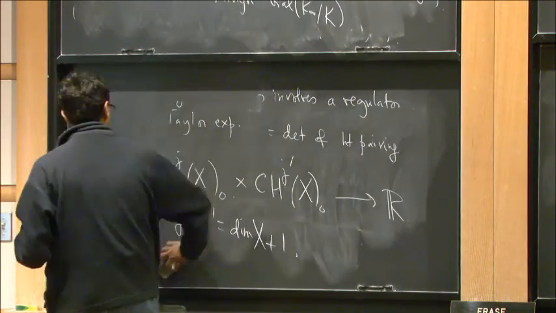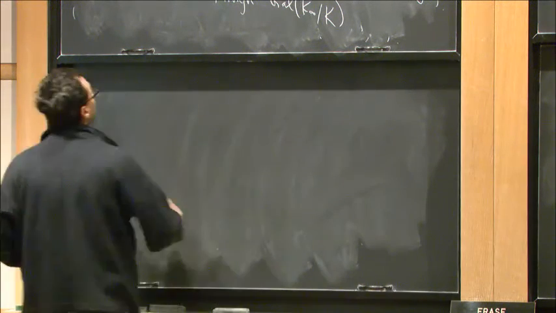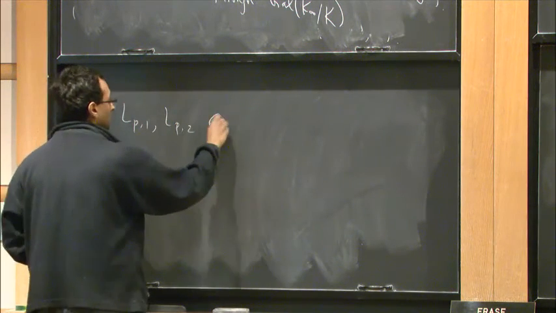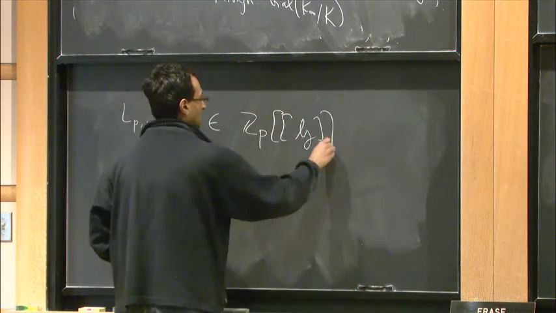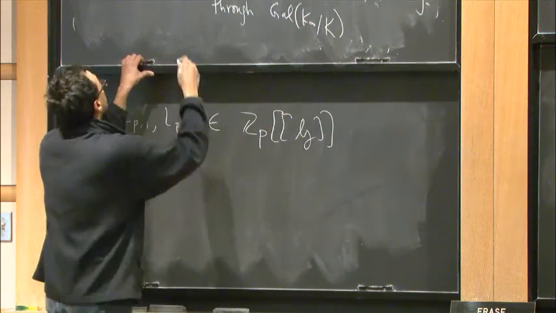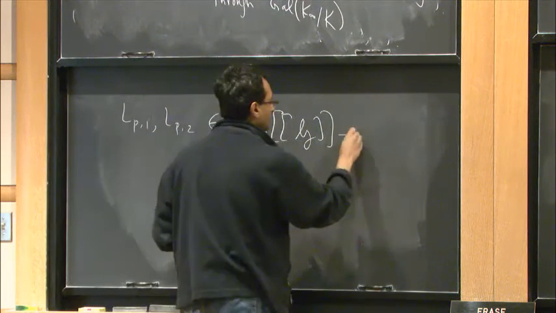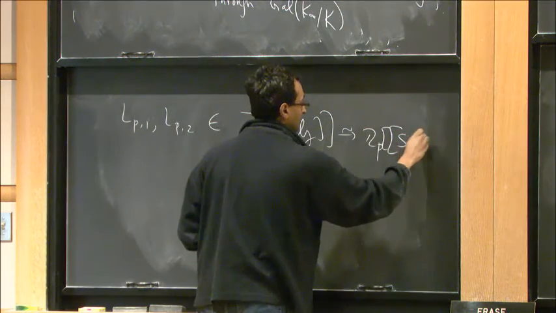And very roughly, you can think of these p-adic L functions as living in Z_p[[G]], where G is the Galois group. So G is, non-canonically, a power series ring in two variables.